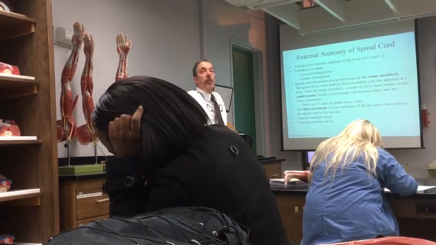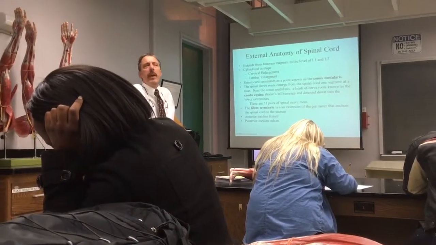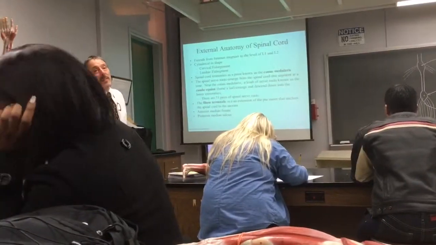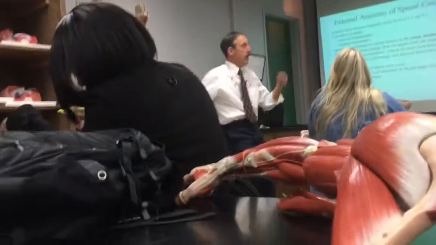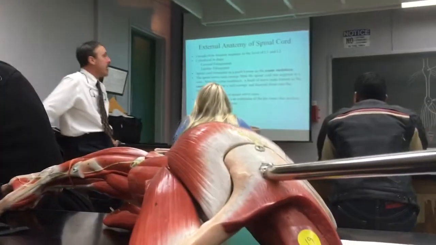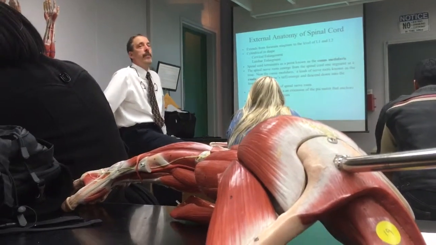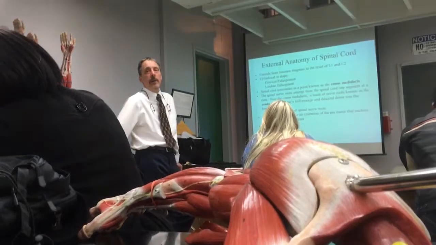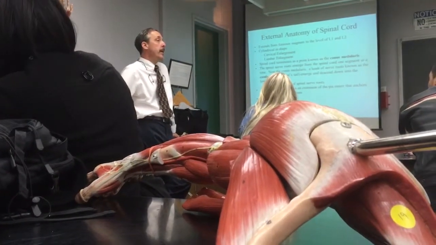Any questions on what we've done so far, guys? The last two things. When we do look at the spinal cord, next week I'll show you these. The last two structures, watch this. There's something called an anterior median fissure. So what does anterior mean? Front. The front of the spinal cord. What's median?